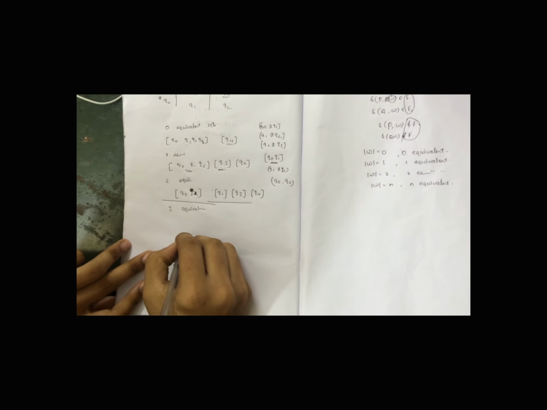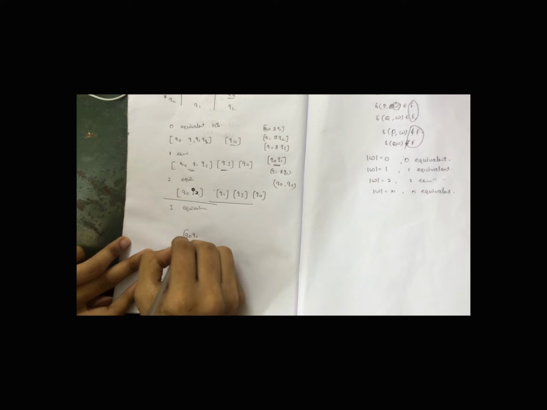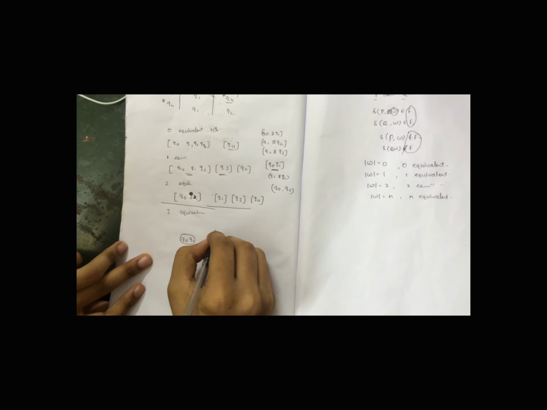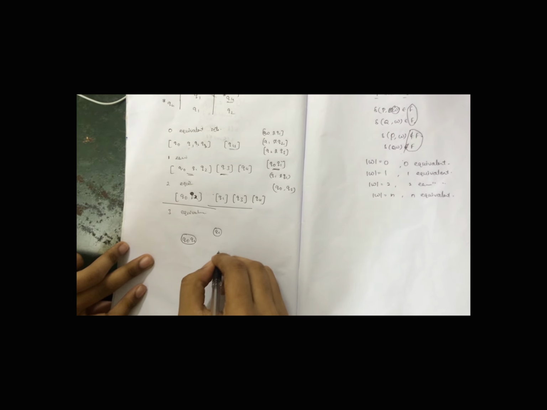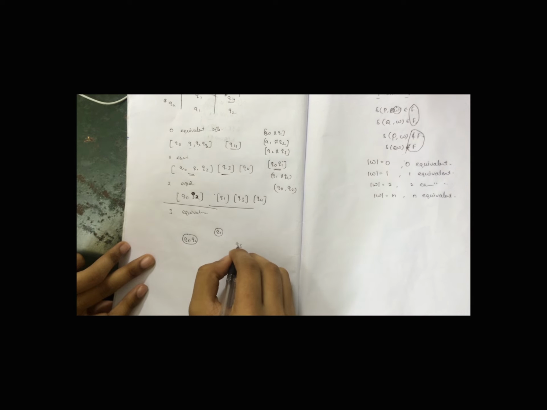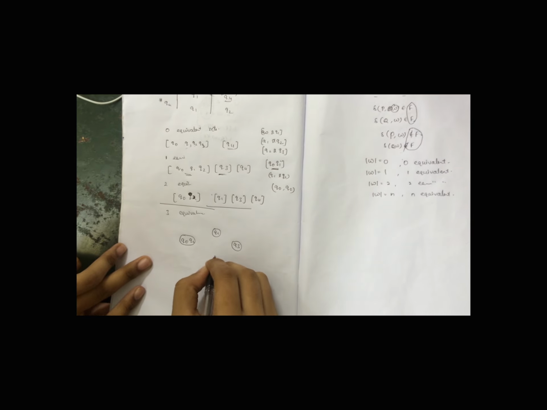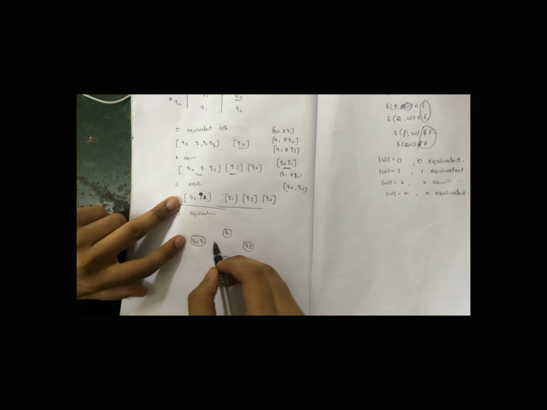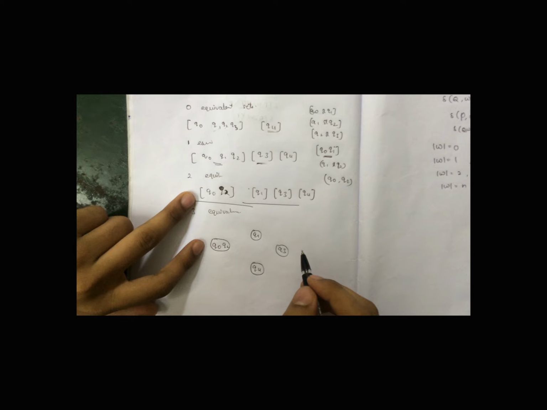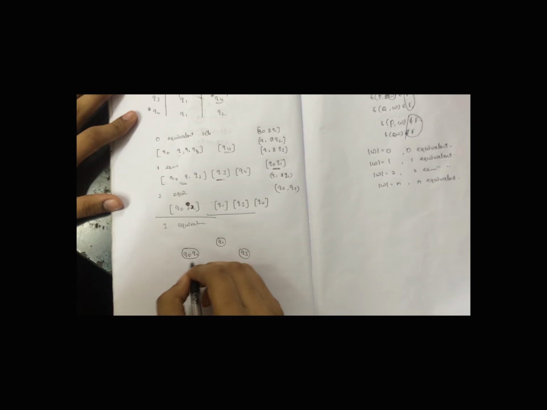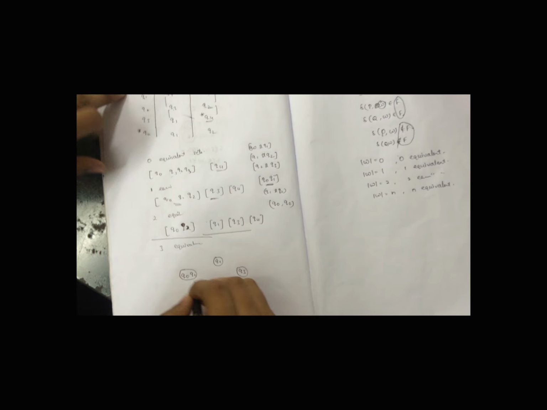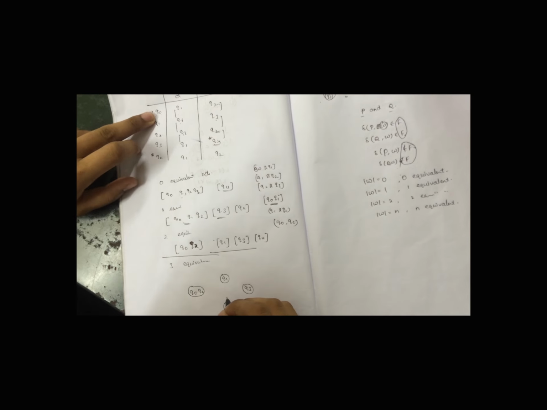Now let us draw the table for these 4 states. Like Q0, Q2 is one transition state, Q1 and Q3 and Q4. So now let us see the transition table and draw the transition diagram.